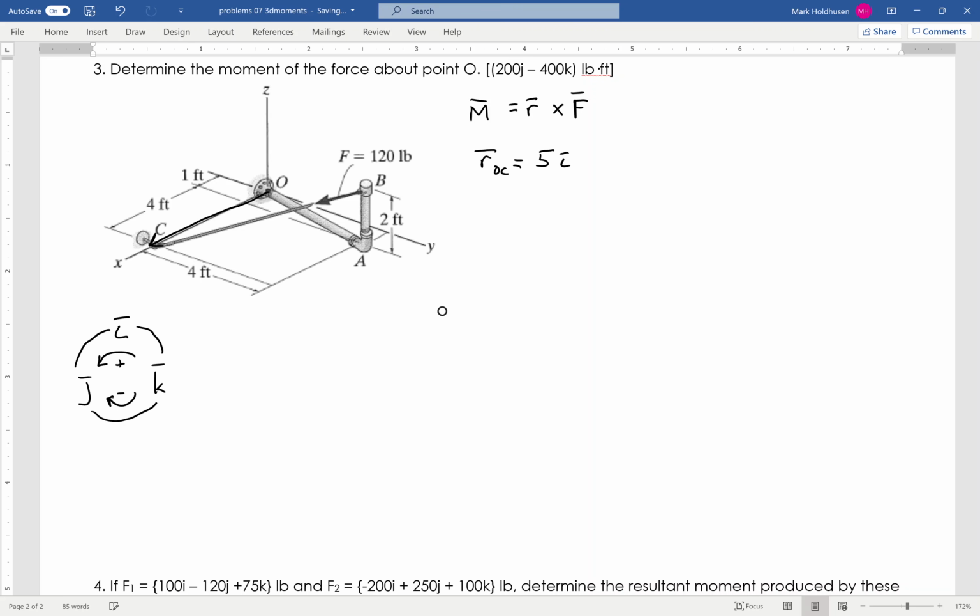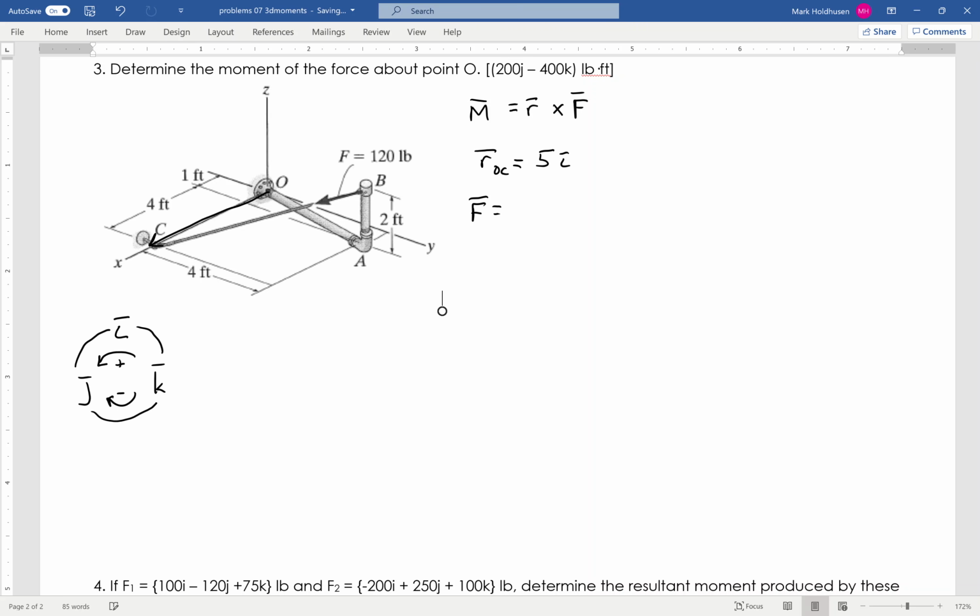That's going to make my cross product much easier if there's only one component of my moment arm. Again, you can choose from the point to anywhere along the line of action of the force. Choose the simplest r vector to make your cross product that much easier.